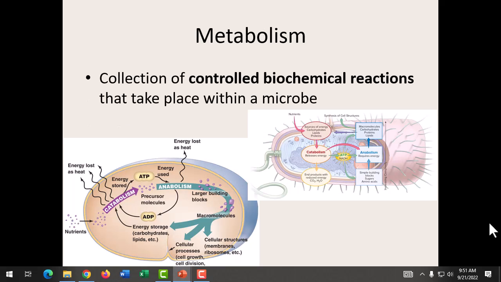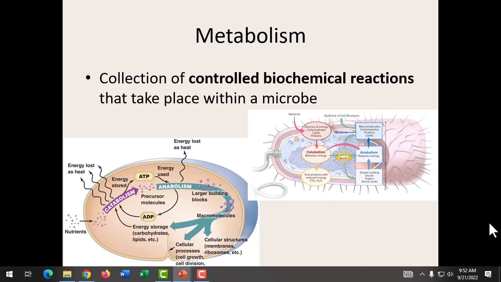So just the definition of metabolism is the collection of all the controlled biochemical reactions that take place within a microbe. So just all the chemical reactions that take place. There's lots of breaking things down. There's lots of building things up. Those are just chemical reactions that are taking place.